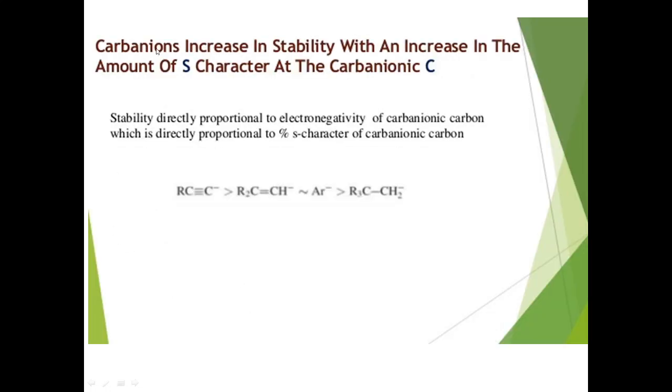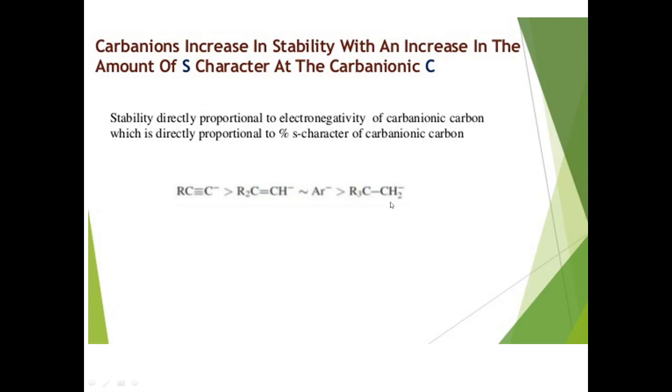Now, the other factor: carbon anion stability increases with an increase in the amount of s character. For example, a carbon anion may be bonded to another carbon with 3 bonds, meaning sp hybridization, 2 bonds meaning sp2 hybridization, and a single bond meaning sp3 hybridization.